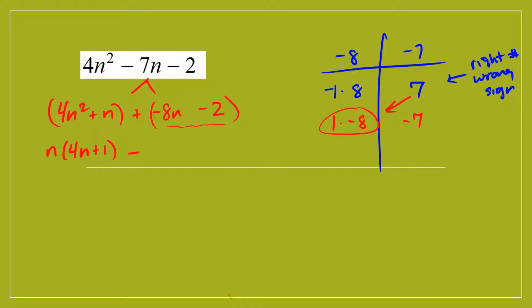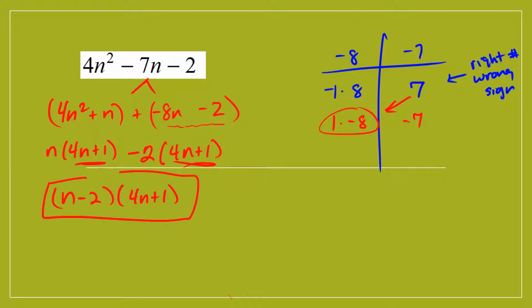So I'll factor out a negative 2, which would leave me with 4n plus 1, so that my signs will work. So I'll have n minus 2 for one factor and 4n plus 1 as my matching factor. And then, let's see, nothing comes out of either one of those, so that one's done.